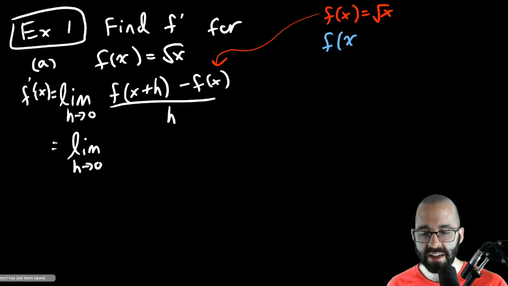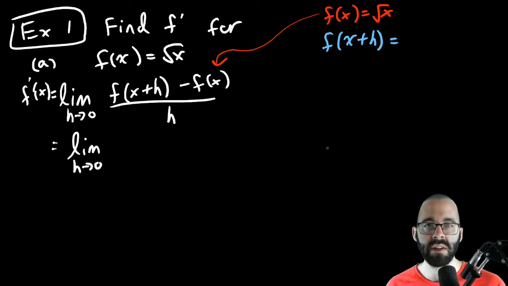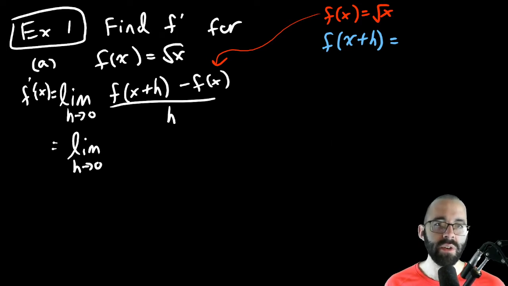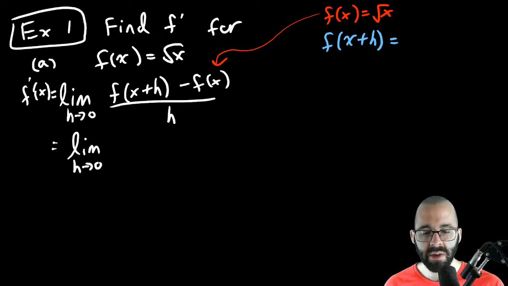So what is f of x plus h? That's still the same function. It's still the square root function. F is the square root function. But now it's not an x that's on the inside. It's an x plus h that's going to be on the inside of that square root. So same function, but a different input.